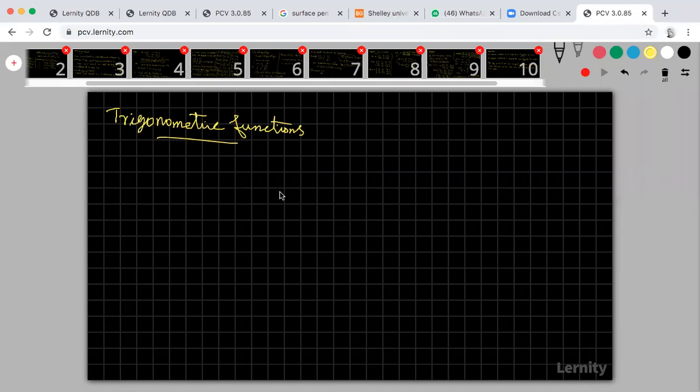So three main functions are sin x, cos x, and tan x, and the reciprocals are the other three functions: cosecant x, secant x, cot x. Totally we have 6 trigonometric functions defined. Now we are going to find the values at some angles.